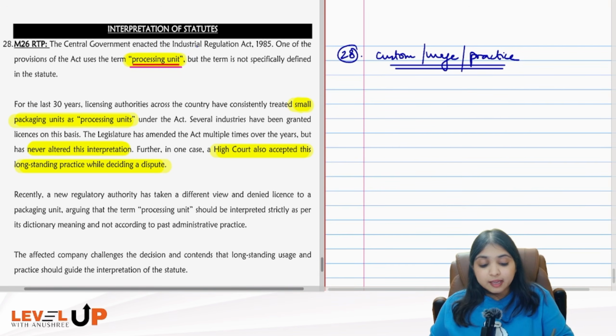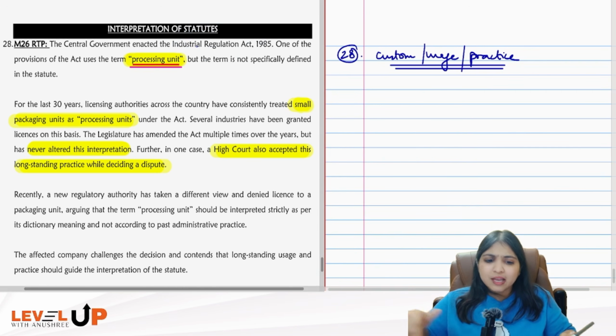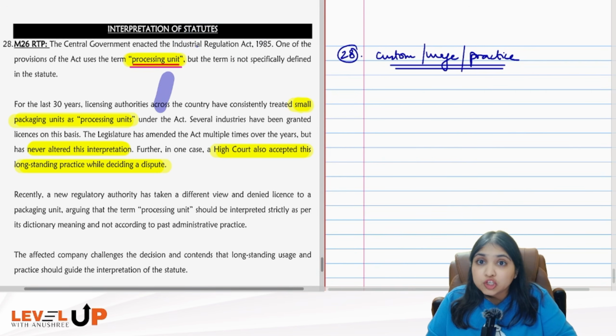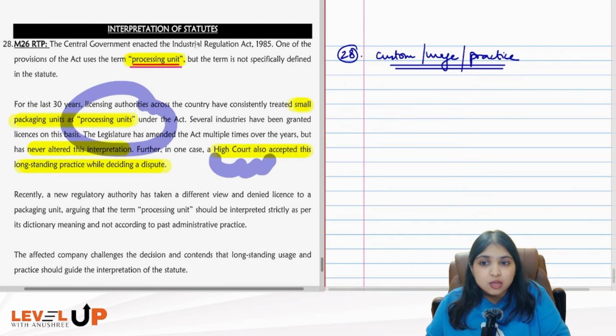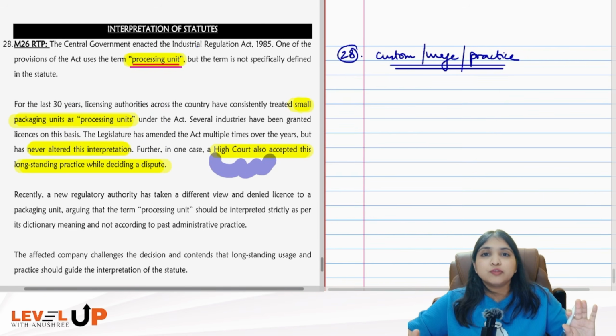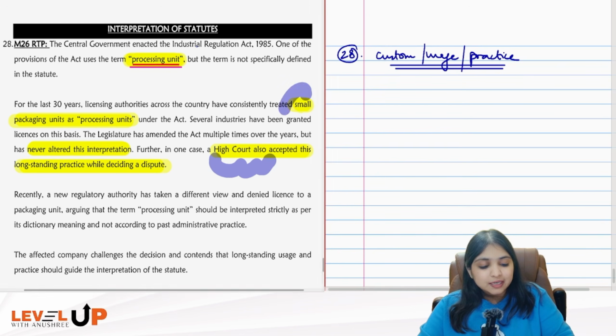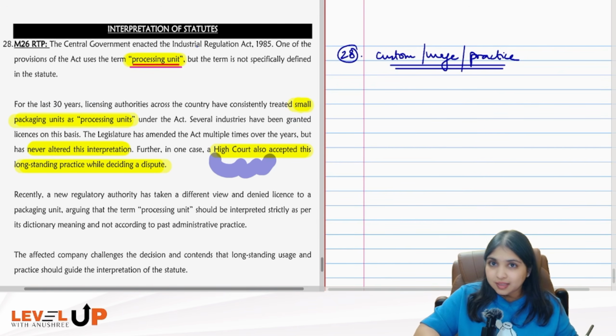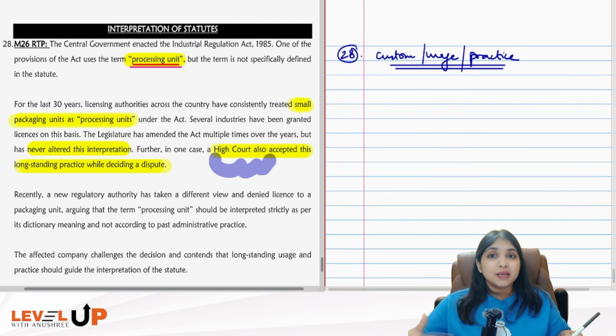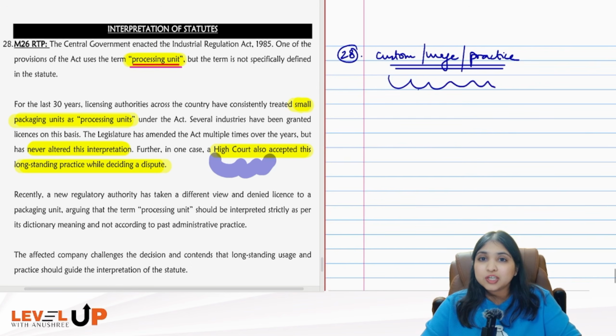Even though the particular act has been amended so many times, they've never given clarification about this word. Also, we have a High Court decision supporting this interpretation. Now it is decided that small packaging units will also be considered as processing unit. So even though the definition is not given in the act, we can interpret the meaning of words through custom, usage or practice.